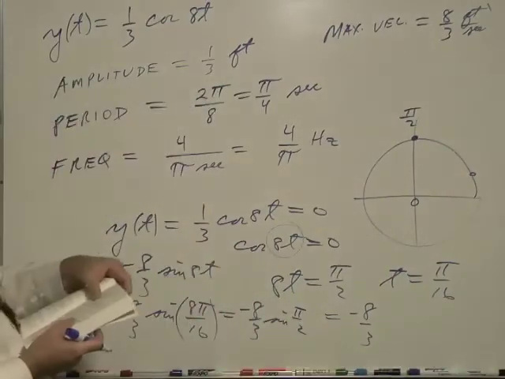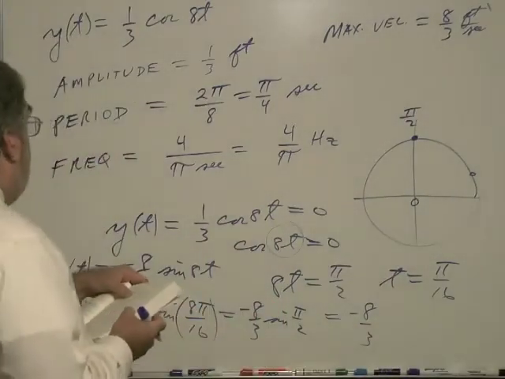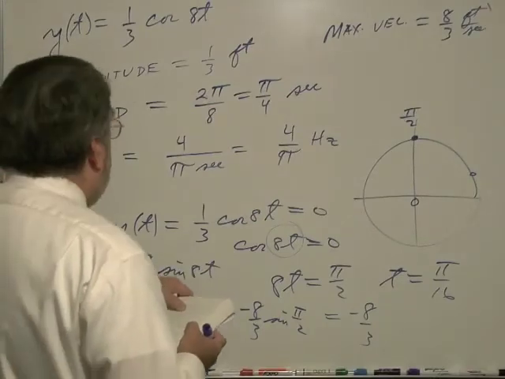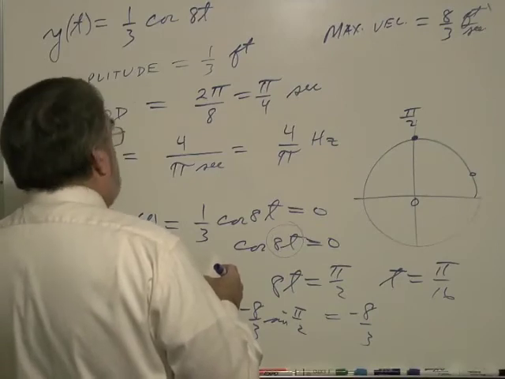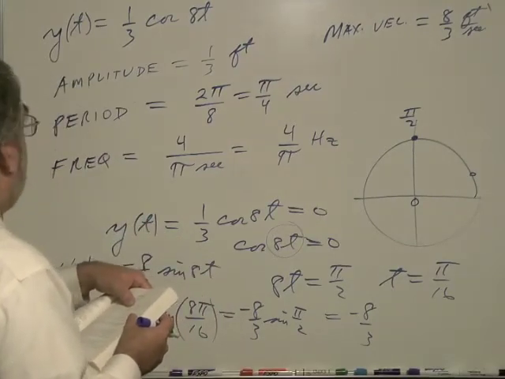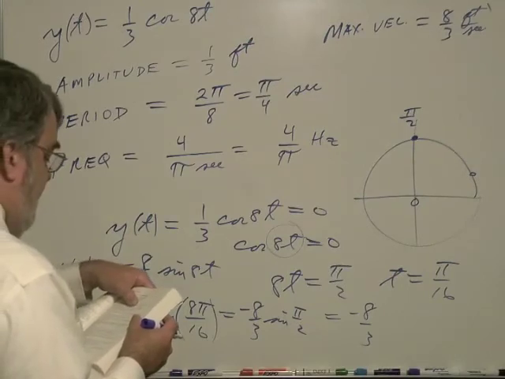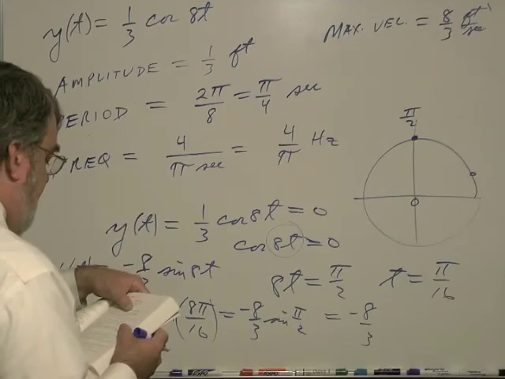We have the right equation of motion, y equals 1/3 cosine 8t. The period was pi over 4 seconds. Okay, frequency was 4 over pi cycles per second, CPS.